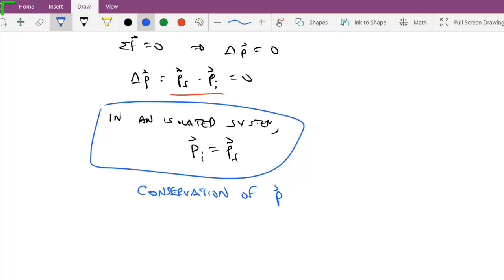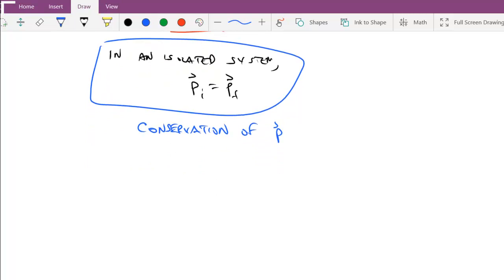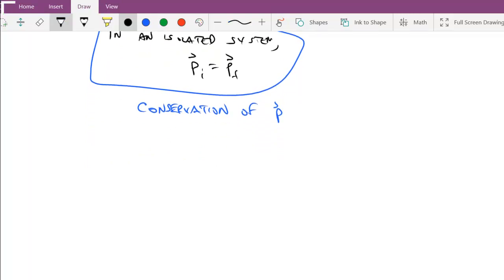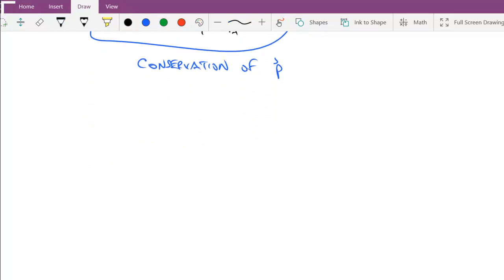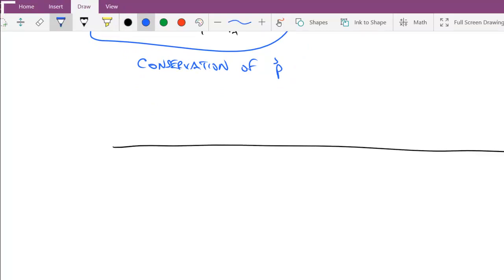Okay, so a couple ways. We have to have no net force acting on the object. So let's say that we have a couple cases here. We have a frictionless surface, and then we have two blocks which are sliding along it.